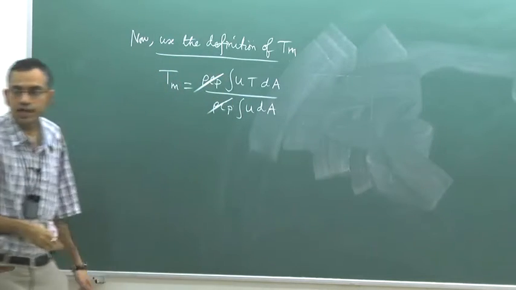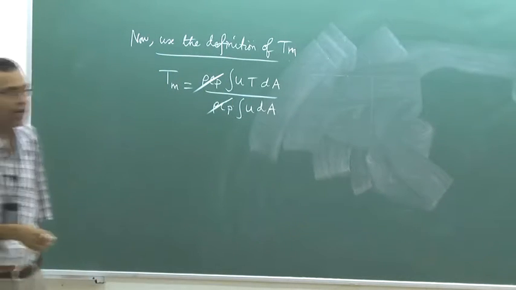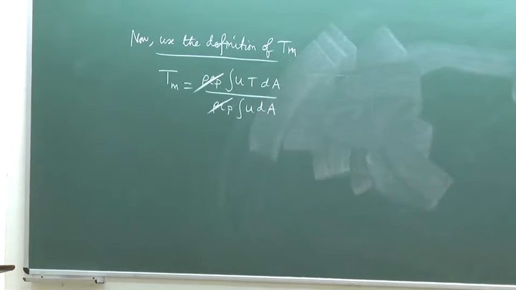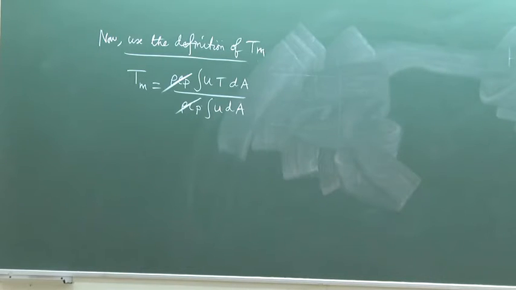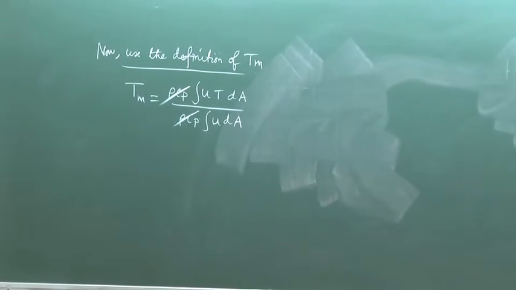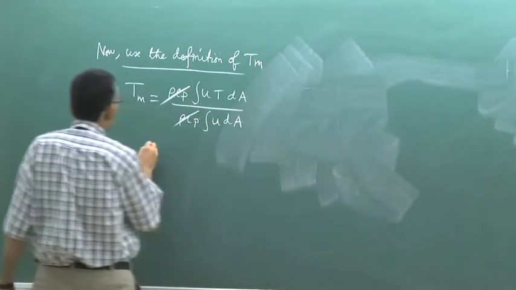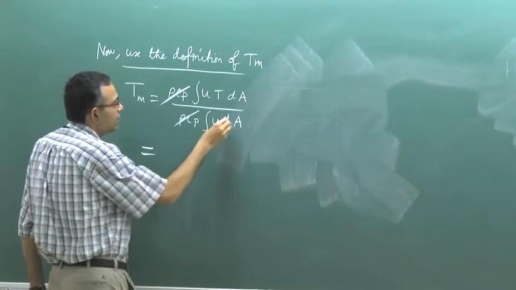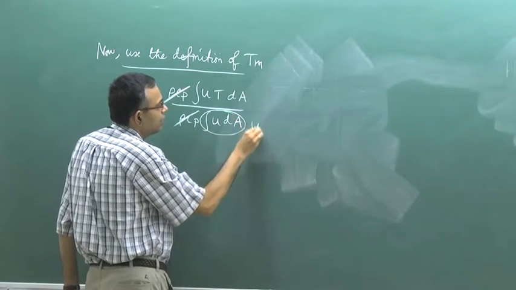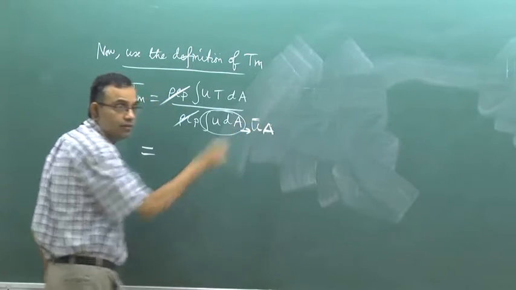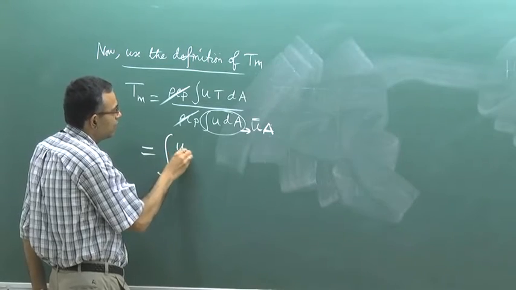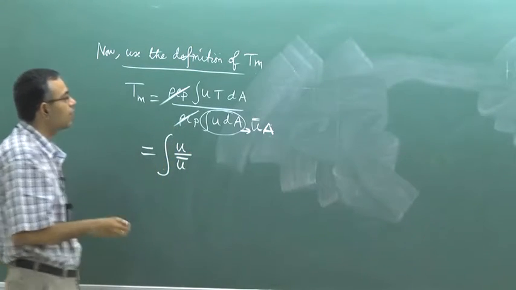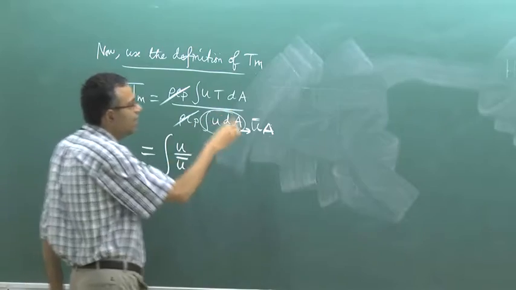This rho Cp is constant for this problem, so we cancel the rho Cp part. So we can write integral of u dA, that is u average into A. So we have integral of u by u average. What is dA?